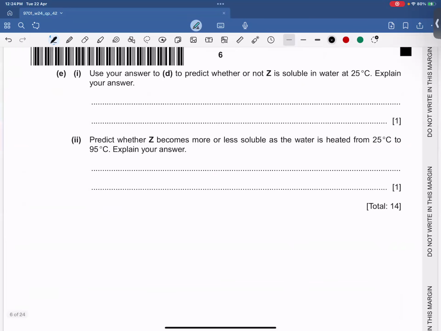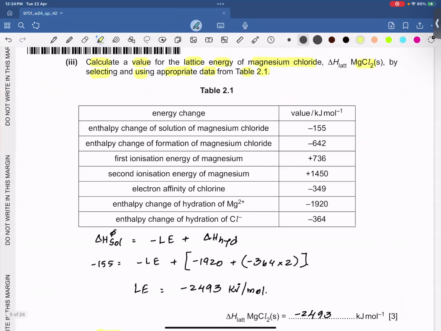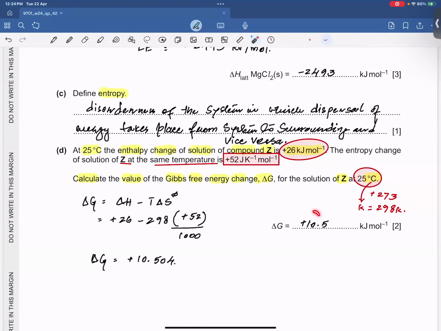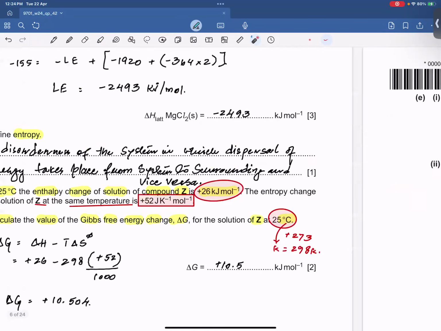Let's move on to the next part. Use your answer to D to predict whether or not Z is soluble in water at 25 degrees Celsius. Explain your answer. Since delta G is positive, which means the reaction is not feasible, which means it is not soluble in water.